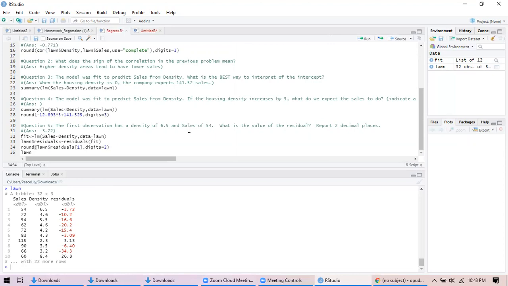And then the higher residual, what does that mean? If it's positive, that means they had better sales.